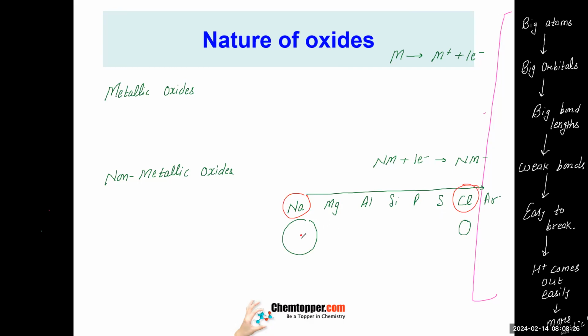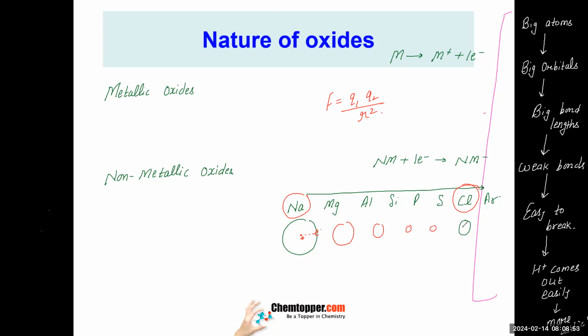So this is the nucleus, this is the electron. So nucleus and electron are far away. Attraction is less. You remember Coulomb's law? Coulomb's law, F equals Q1 Q2 over R squared. So as the size is decreasing, what is happening to the tendency of losing electron?